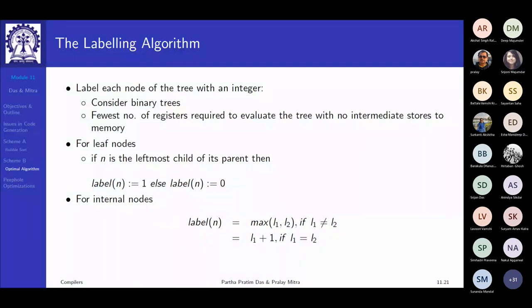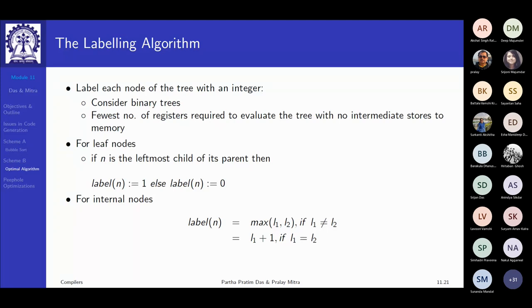L2 is the minimum number of registers required to compute the right subtree. So if L1 is not equal to L2, that is either L1 is smaller or L2 is smaller, I will need the maximum of that. But if they are equal, then I will need one more register, the register where the result has to happen.